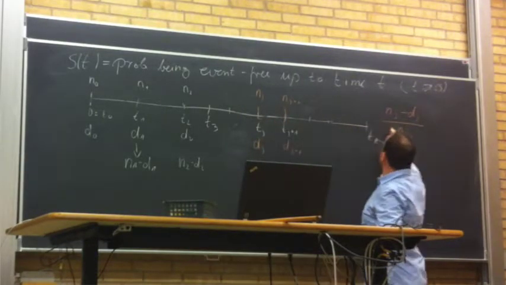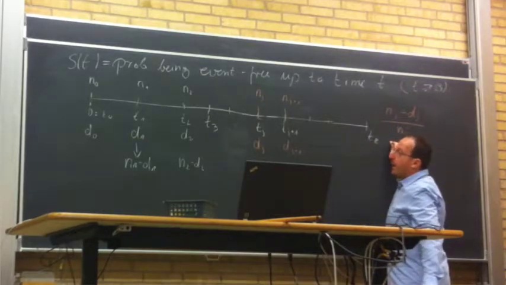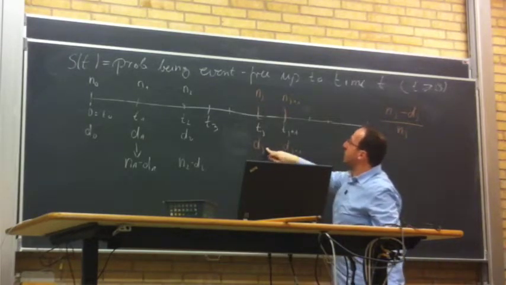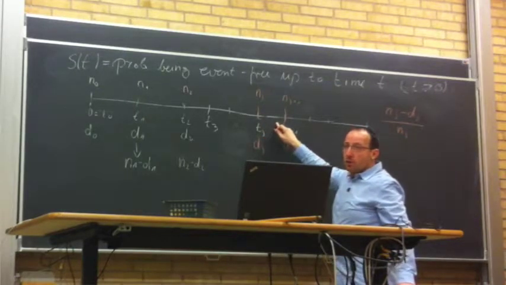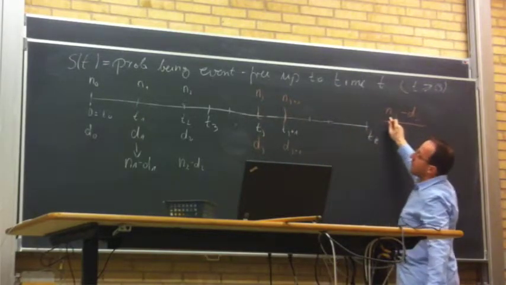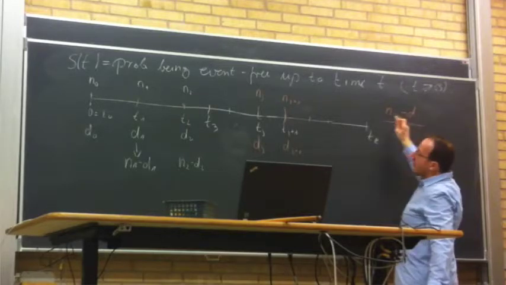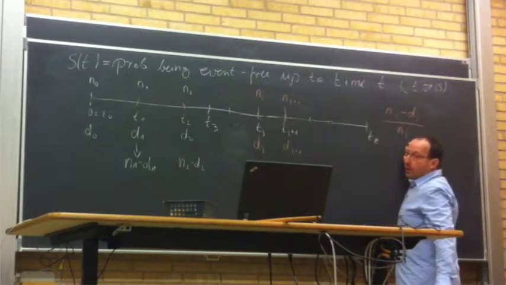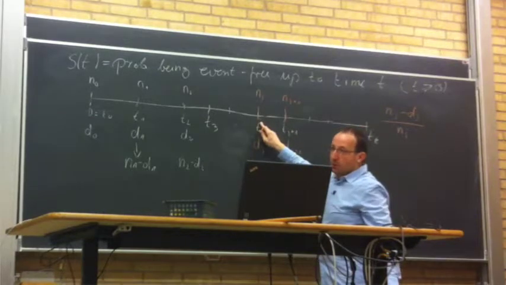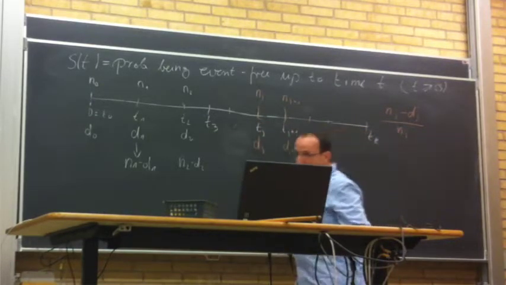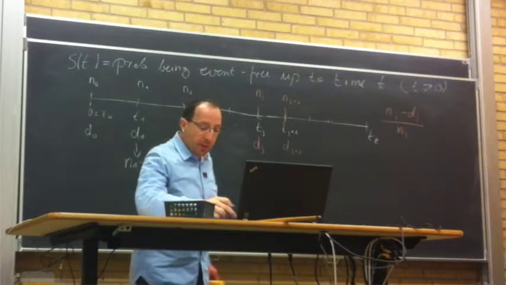You calculate the number of subjects who are event-free during this time interval, which is the difference of Nj and Dj, divided by the total number of subjects under risk at the beginning of this time interval. And this is the so-called conditional survival probability.